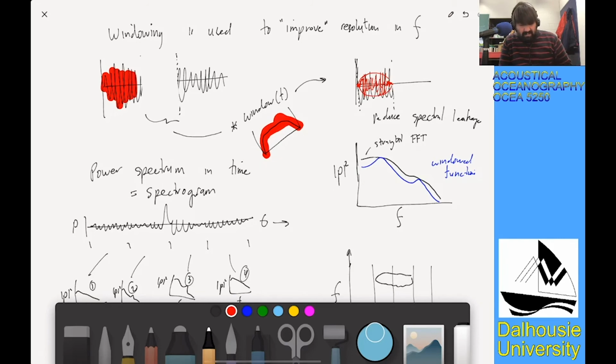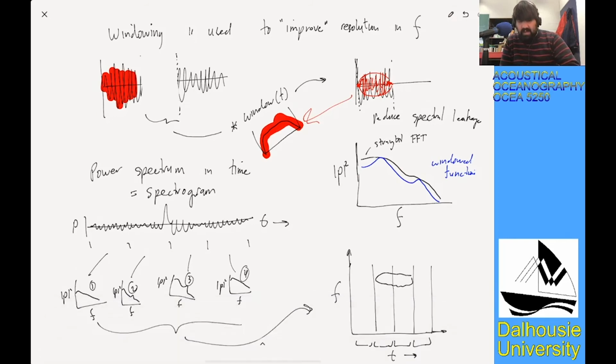Well, then what happens is when you compute the Fourier transform and then compute the power, you're reducing what's called spectral leakage. So something to do with how you chose this length T can influence how the power stays in the different frequency bins. And one of the results of that I've drawn here is, you have your unwindowed black line and your windowed blue line.